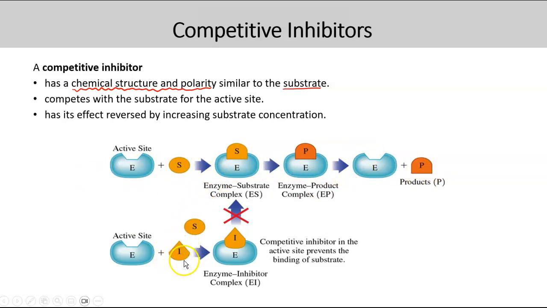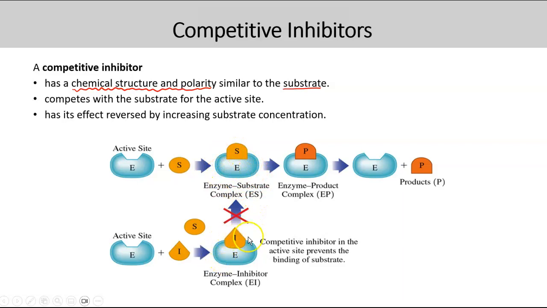Now, when there is an inhibitor, which is the competitive inhibitor, both of them will try to bind to the same active site. Once the inhibitor is bound to the active site, it prevents the substrate from binding, and the ES complex will not form.